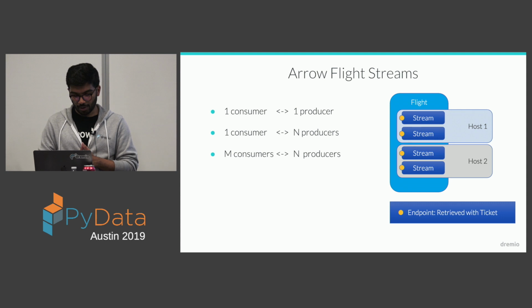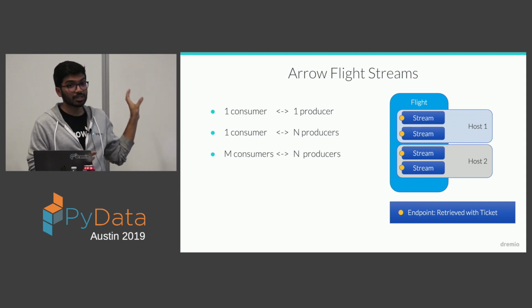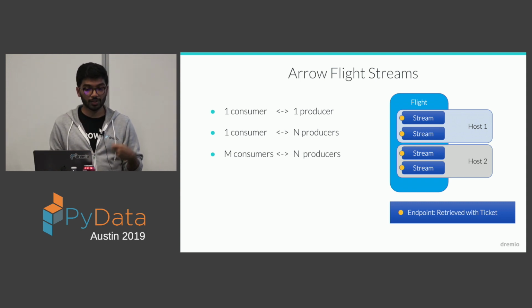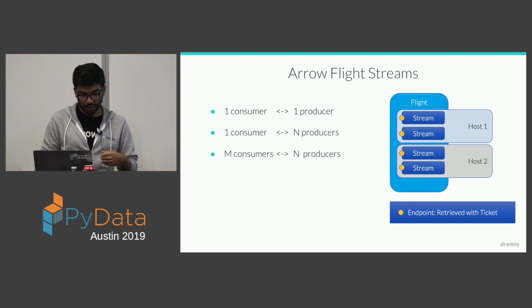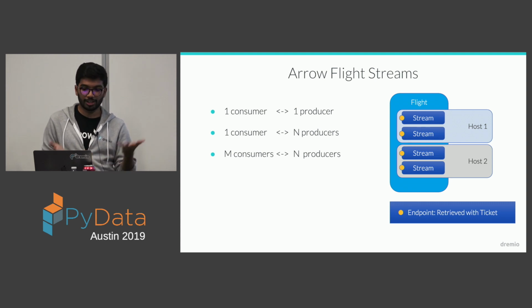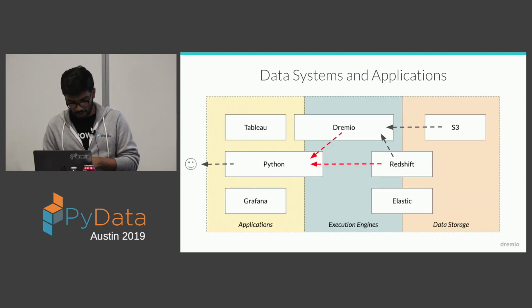All right, so now first we solved how the data is going to look in each of these systems internally. And then we've solved how the data should be transferred across these systems and applications, right? And we can even horizontally scale the streams, because each stream endpoint could be consumed by one specific consumer as well.